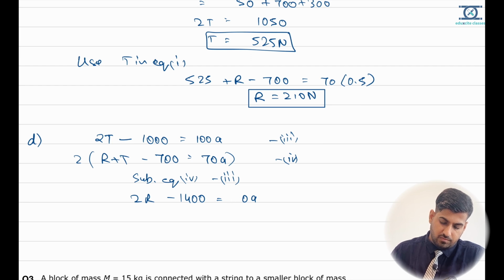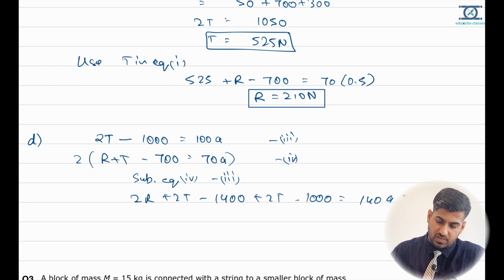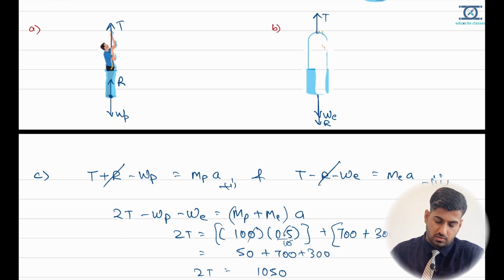So you can write down 2r plus 2t minus 1400 minus 2t minus 1000 is equal to 140a minus 100a. So this and this get cancelled, right? So you can directly find out 2 times of r, which is given to us as how much? 200.